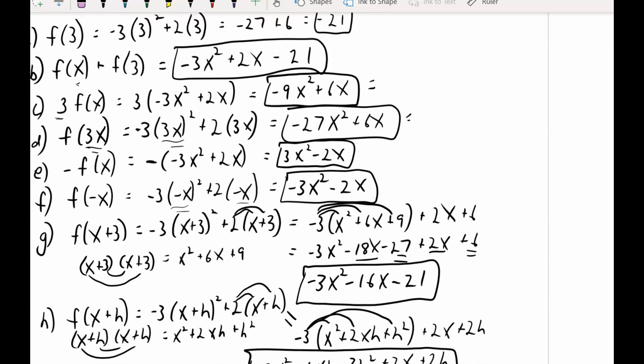But yeah, these two could have been put in the form 3 times negative 3x squared plus, oh, actually 3x could come out. I take it back. So we could have actually written this as 3x times negative 3x plus 2. That would be okay.